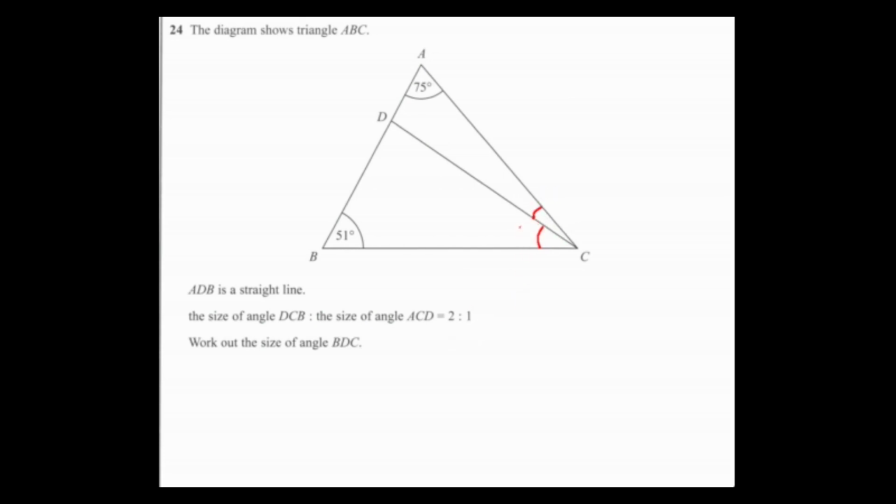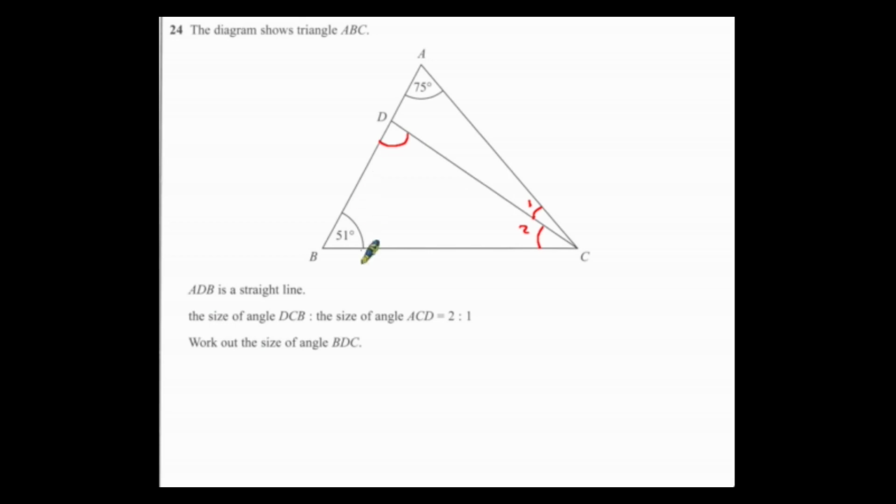In other words, this angle is 2 times the size of this angle. We need to find the size of angle BDC, so we are looking for this angle here.